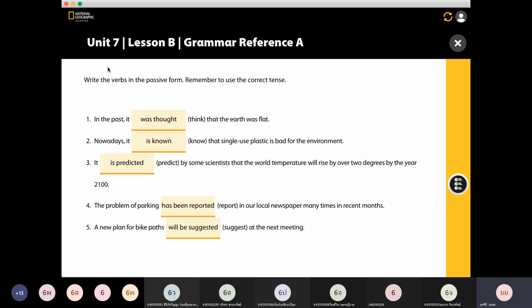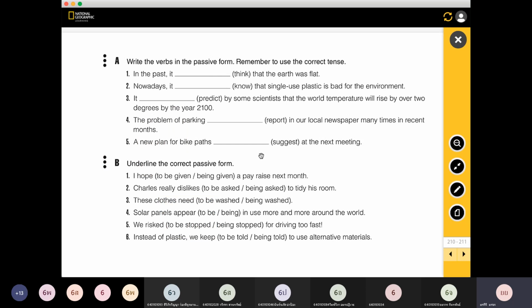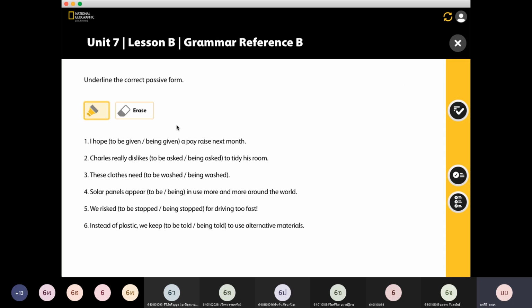In general, this is to make you a little bit familiar with this. Let's do this a little bit here. Just give the correct form, either infinitive or gerund.